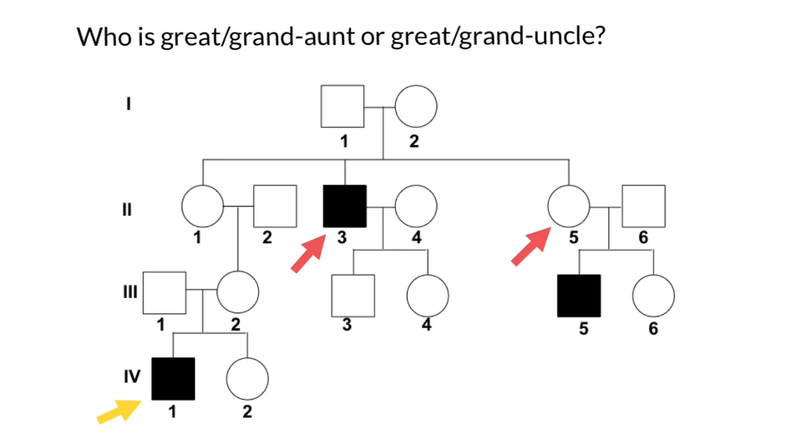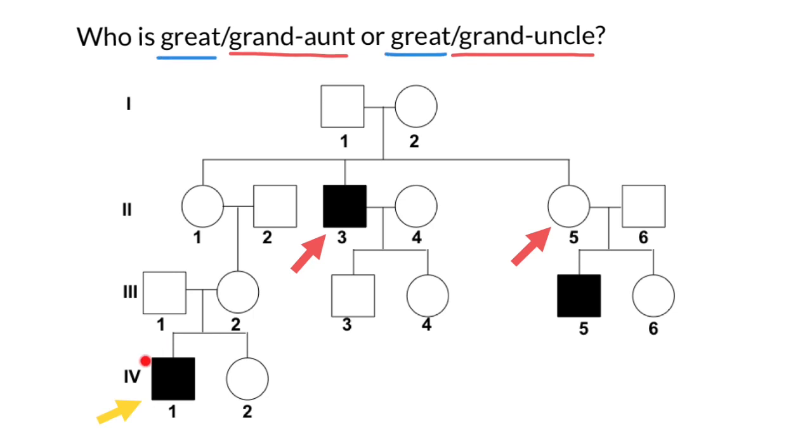And who are these people in this generation number 2? They are spouses of your grand uncle and grand aunt. Now let me explain why grand aunt or grand uncle is more appropriate than, for example, great.